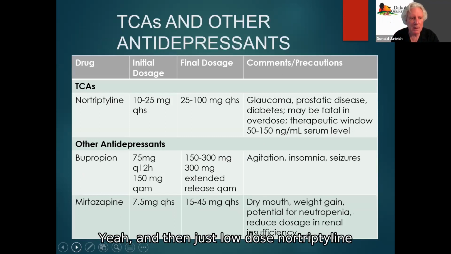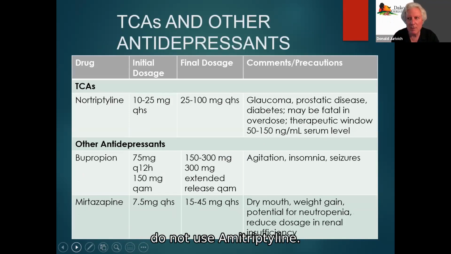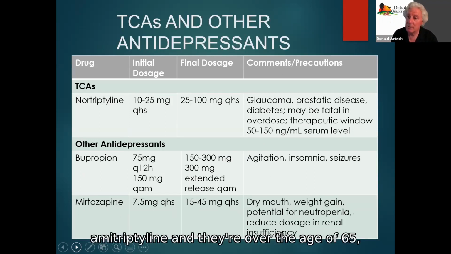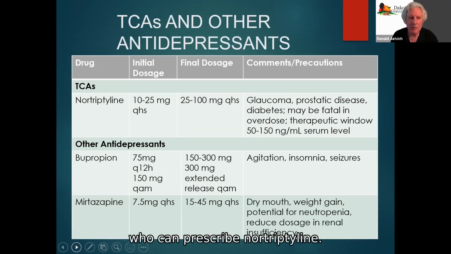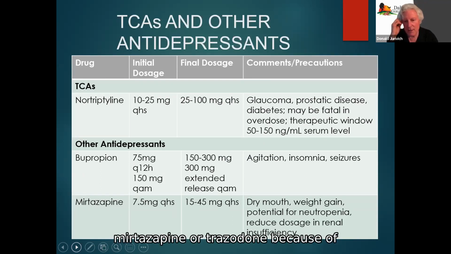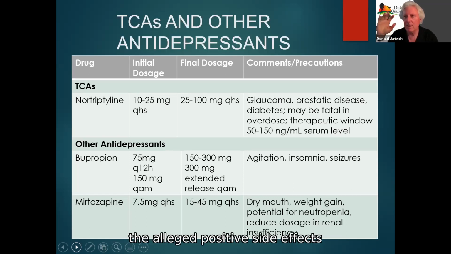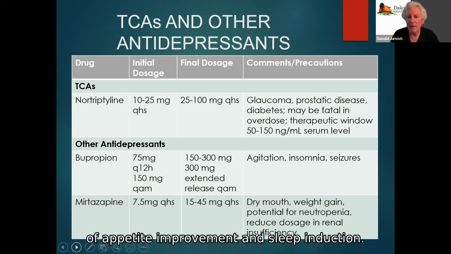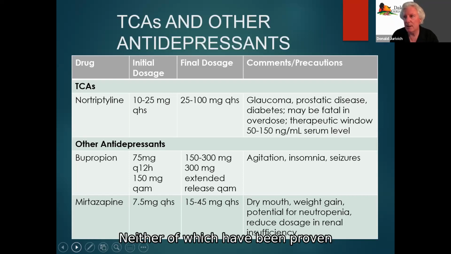And then just low dose nortriptyline. Here I tend to go with 10 milligrams. Do not use amitriptyline, or if you see somebody on amitriptyline and they're over the age of 65, get them referred to somebody who can prescribe nortriptyline. And then you'll see a lot of people on mirtazapine or trazodone because of the alleged positive side effects of appetite improvement and sleep induction, neither of which have been proven in randomized controlled clinical trials.